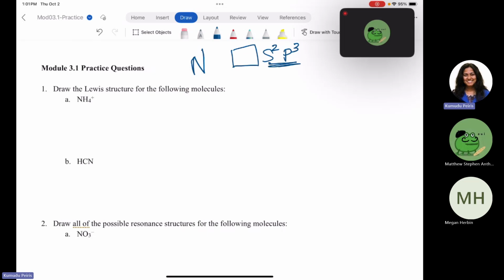So we'll indicate these 5 electrons like this. That's basically how we can indicate the Lewis structure, or the valence electron configuration, for just nitrogen.